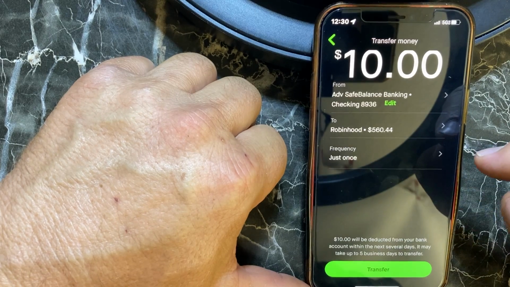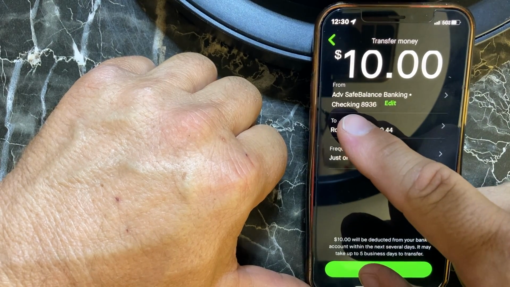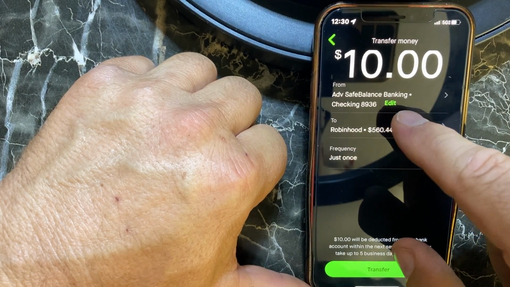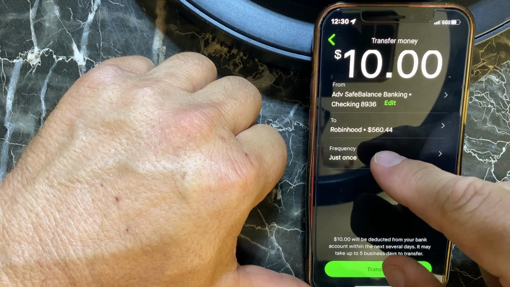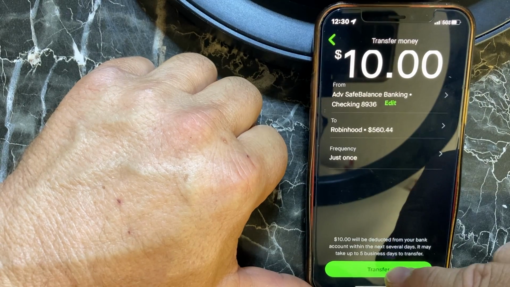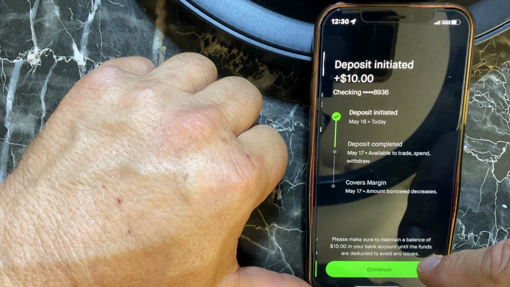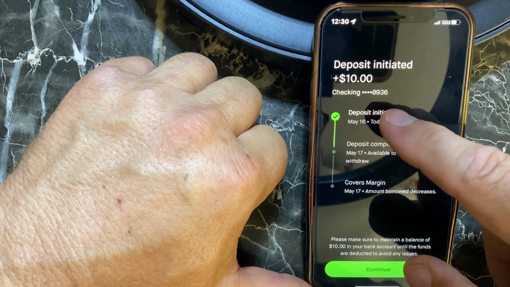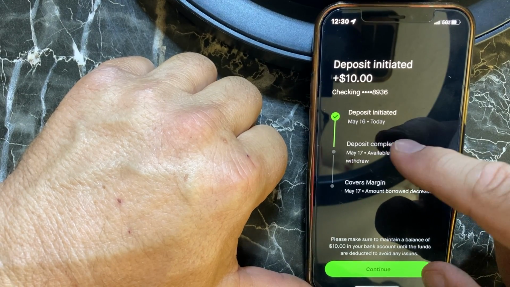Then you review. Okay, I'm taking $10 from my savings or checking account, and then I'm depositing in Robinhood, and that's my balance. So then I hit transfer, and then it deposits $10 from my checking.